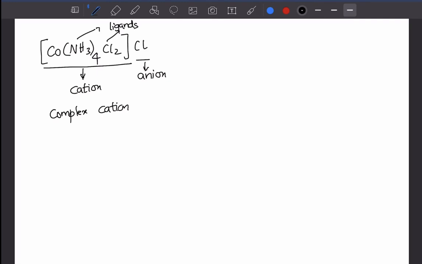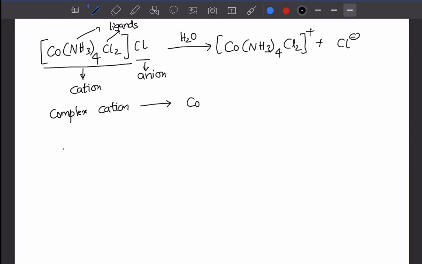Right. So if you put it in water, you get [Co(NH3)4Cl2]+ plus Cl minus. Because there is one minus, it becomes plus. So the complex cation that we have is [Co(NH3)4Cl2]+.